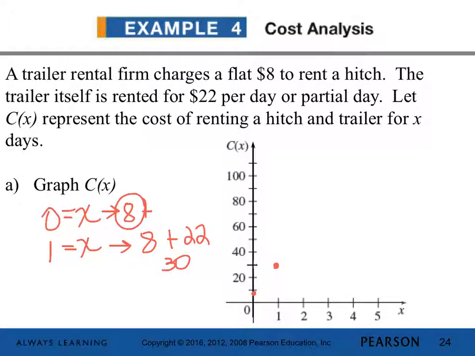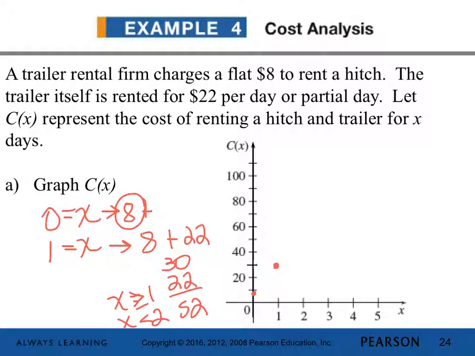And what you're going to see happen is that if you keep it for the second day, you're going to add another $22, which is going to be $52. So when X is anything more than 1, but up to 2, it's going to cost $52.